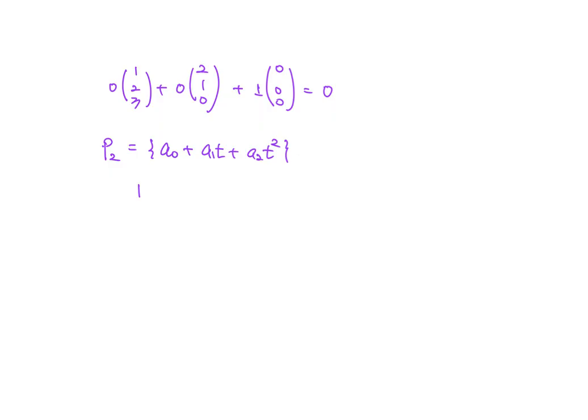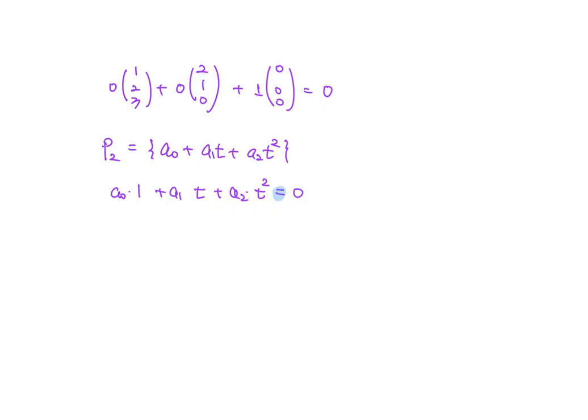And in that set, the constant function 1 and the function t and t squared will be linearly independent because A0 times 1 plus A1 times t plus A2 times t squared represents an arbitrary polynomial in P2 space. And if that equals identically 0, that equality implies that the left-hand side will be always 0 for any value of t.